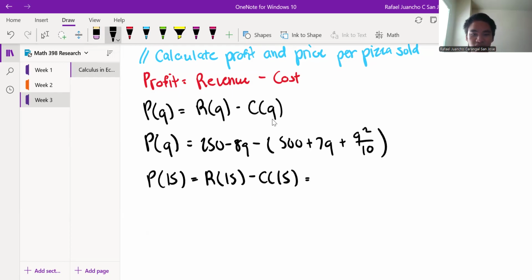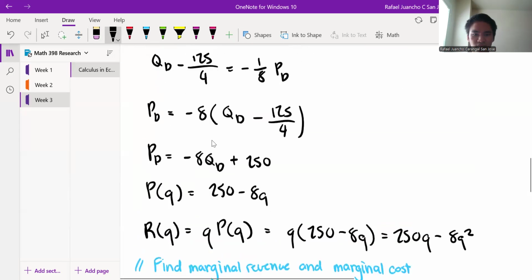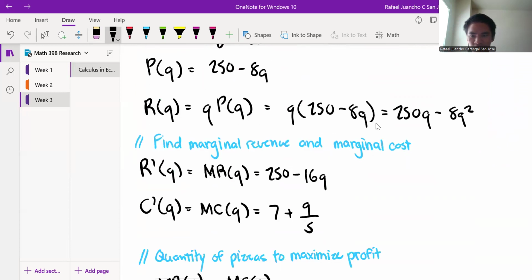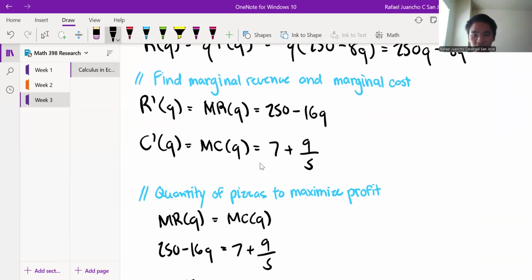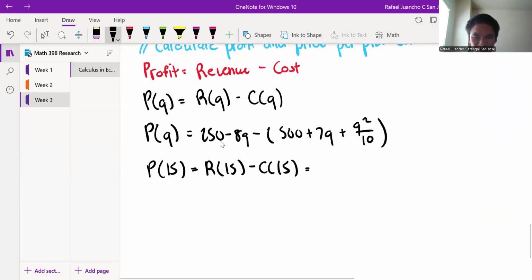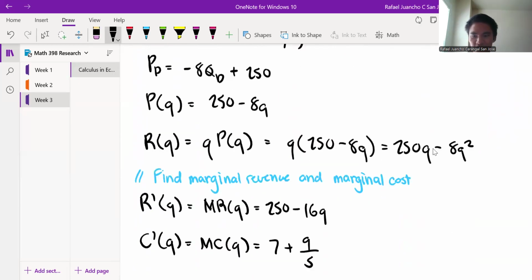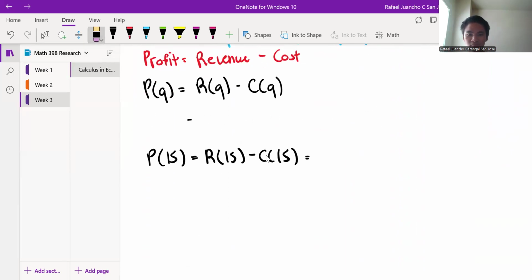And so what's our revenue of 15? I'm just gonna double check it. Oh, yeah, I did mess up, because I got the marginal revenue. Or no, what is this? What's my R of Q? Yeah, my R of Q here is different. So I'm gonna compute it separately. That's what I'm gonna do.